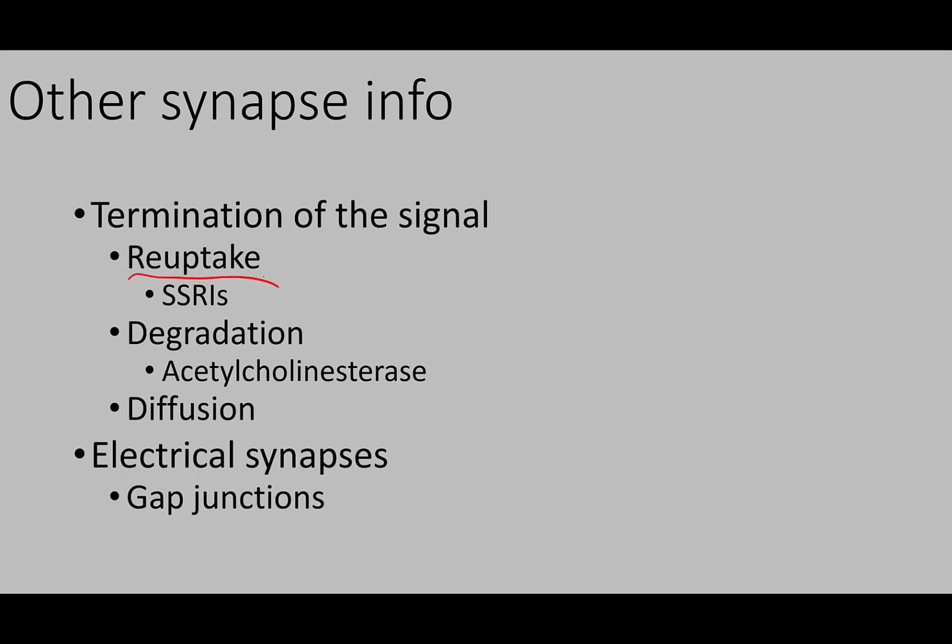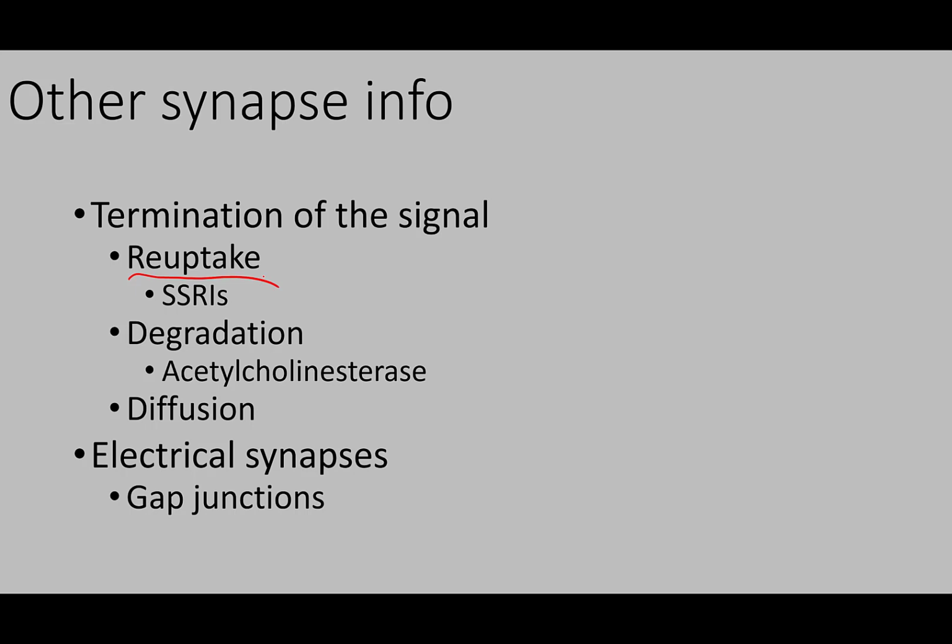The sending neuron is just going to pump that neurotransmitter back into itself. That will cause the neurotransmitter to no longer be in the synaptic cleft. Sometimes this happens a little bit too quickly. We have reuptake happening before the signal can be communicated.